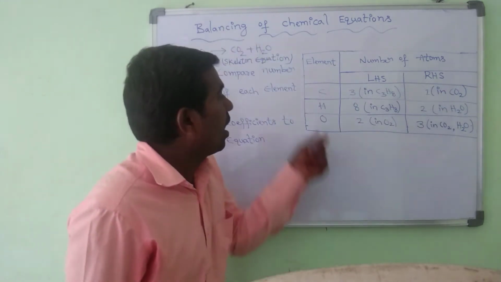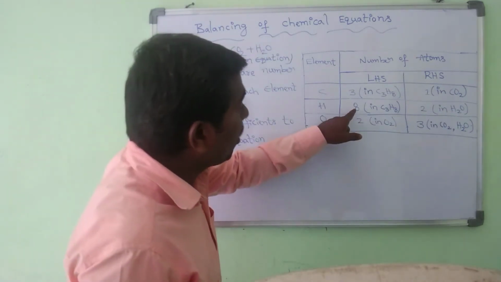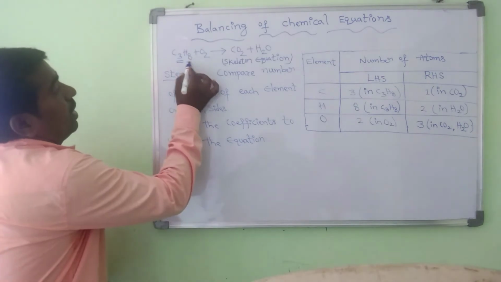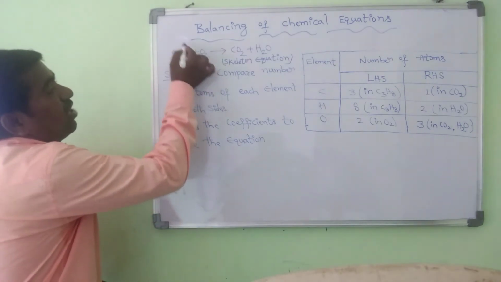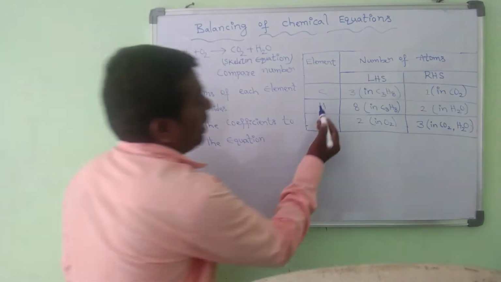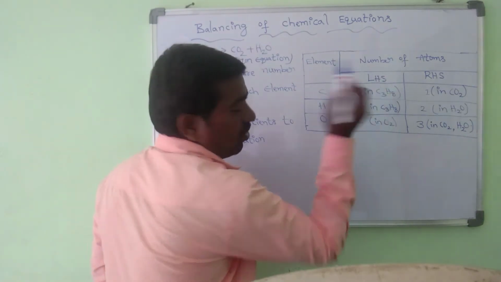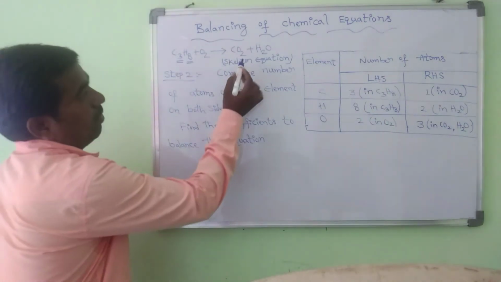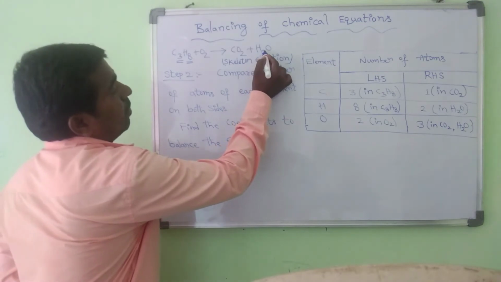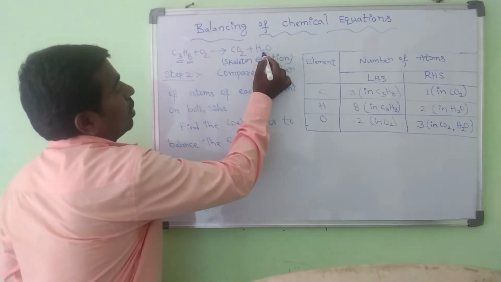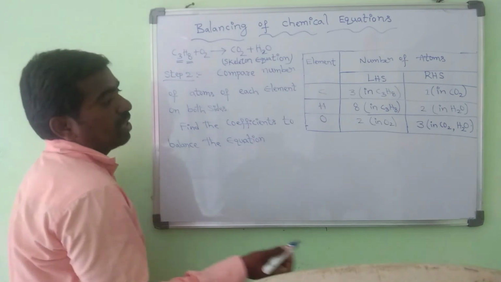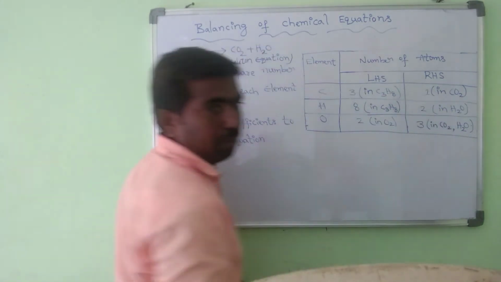In the same way, 8 hydrogen atoms are on the left side, present in C3H8. On the right side, 2 hydrogen atoms are there. These 2 hydrogen atoms are present in the H2O molecule.